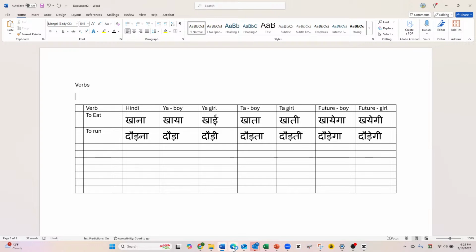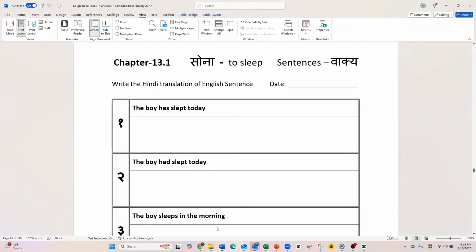Now we are going to go and start reading some sentences. So let's go to the green book. Green Book, chapter 13.1, which is page 185 in the Green Book.